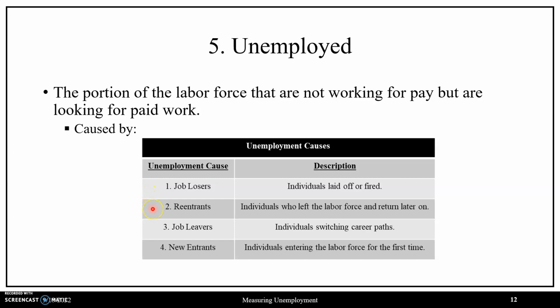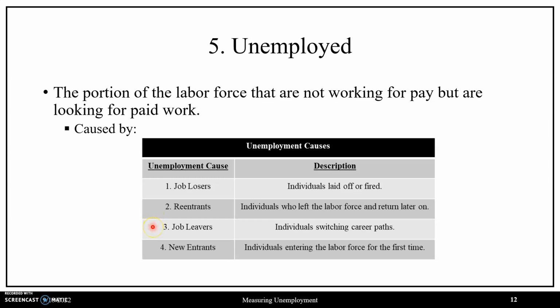An alternative reason could be due to reentrance, in that a stay-at-home spouse could have left the labor force, but later on in their life, they decide they would like to return and seek employment, and during that period where they're looking for paid work, they would be classified as unemployed.